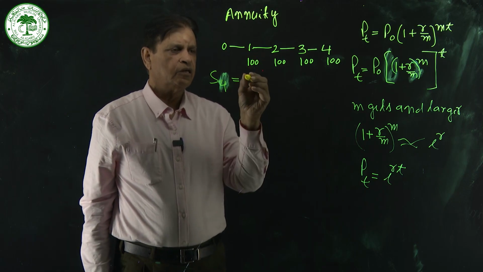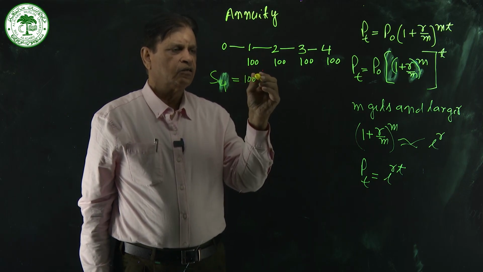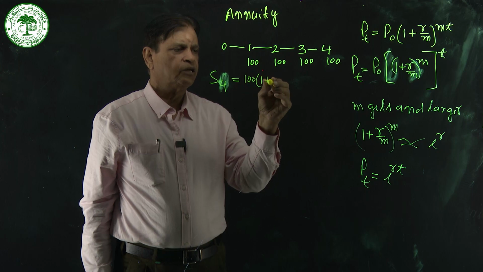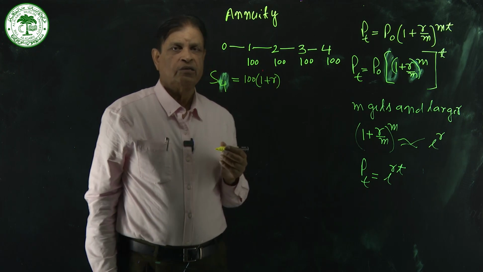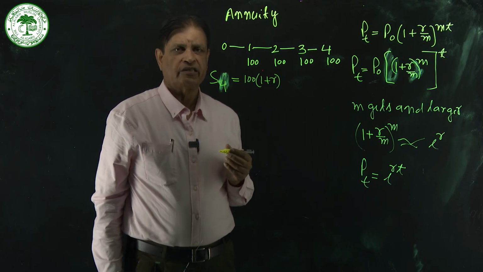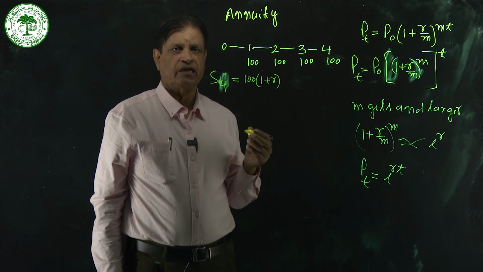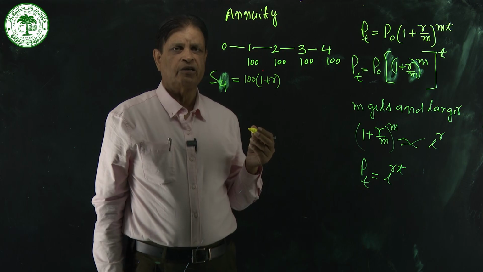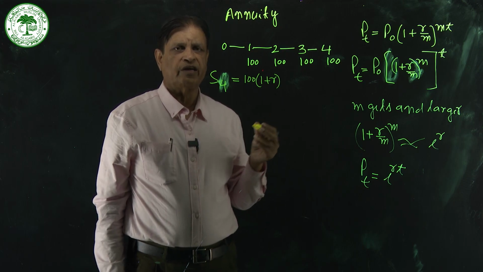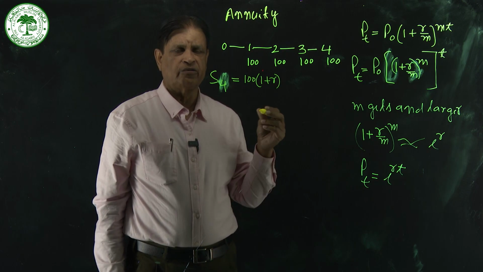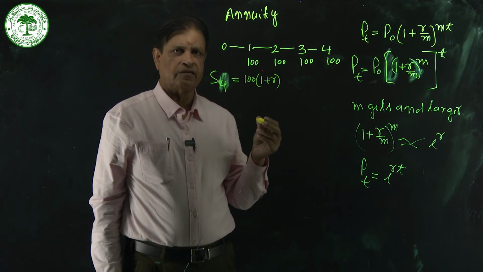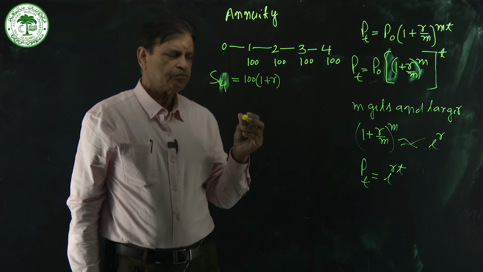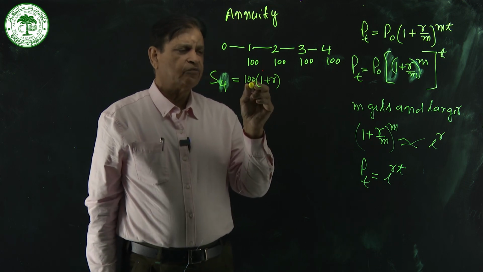On this amount, 100, (1 plus R) to the power, that is the formula that we told you for a single deposit, the initial deposit on which we find the future value, and on which the rate of interest is compounded.